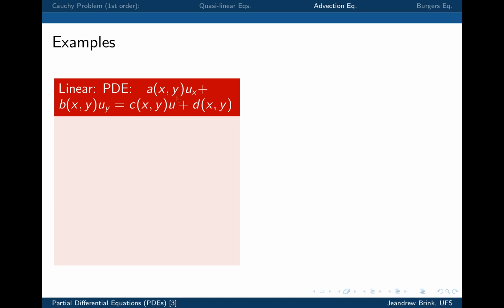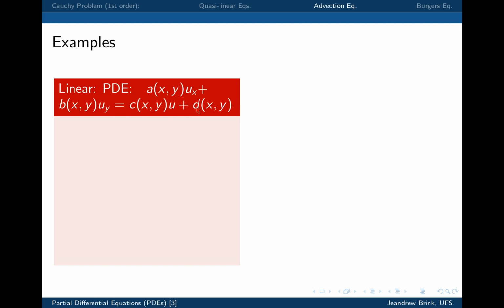So it's actually a simpler case than what we've been looking at for what we derived the theorem. So you basically have a of x and y, ux, b of x and y, uy, and then that generalized function that we had previously, where we actually had c of x, y, and u, we've now split. We've made it linear, so we actually have c, which is just a function of independent variables multiplied by u, with another arbitrary function over here.